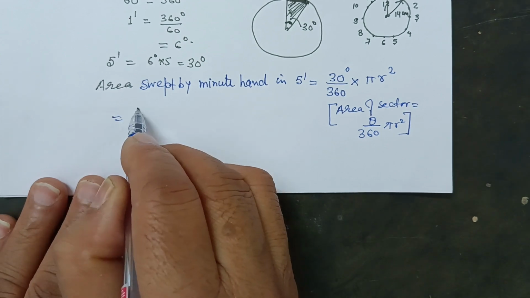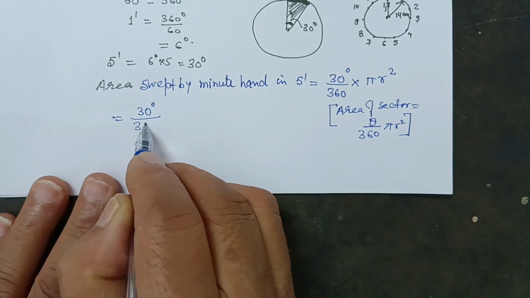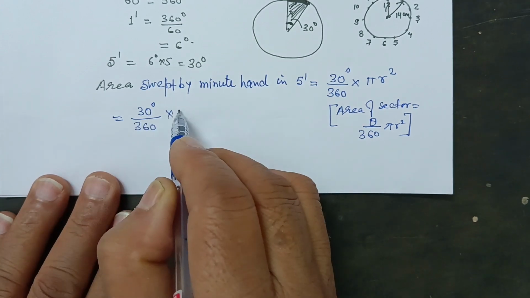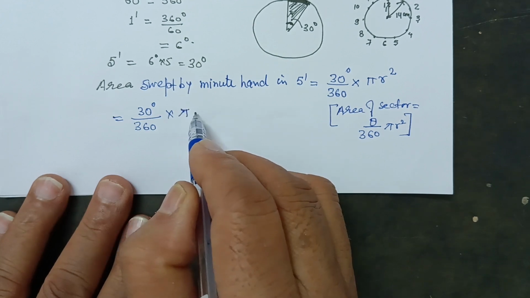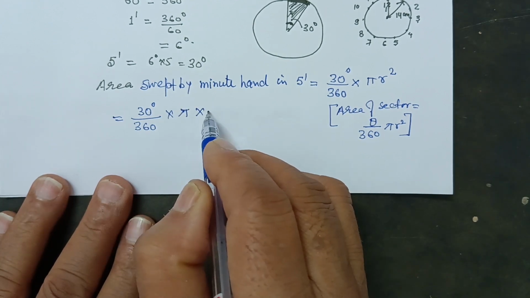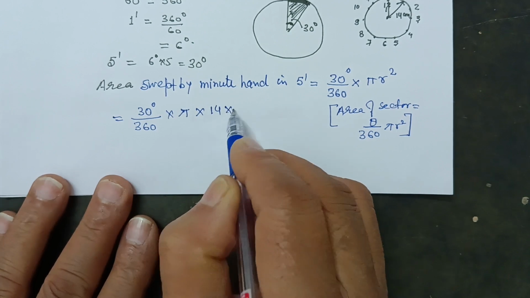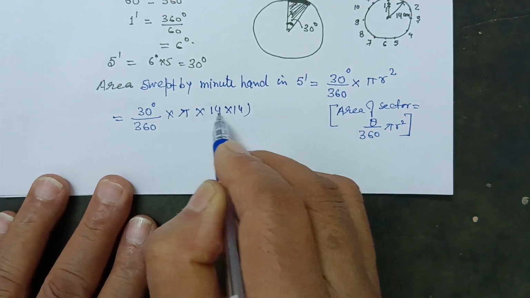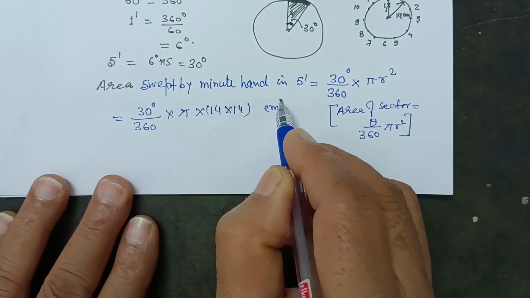Theta is here 30 degree, and 360, pi you can keep as it is, and radius, which is the length of the minute hand, is 14. So this is 14 into 14, unit of area is centimeter square.